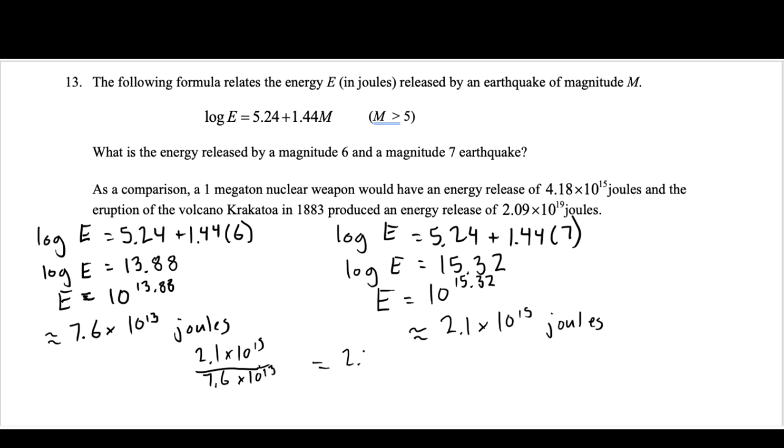That gives me 2.1 over 7.6 times 10 to the 15 divided by 10 to the 13. You subtract the exponent, so you get 10 squared, which is really 2.1 over 7.6 times 100, which equals 210 over 7.6.